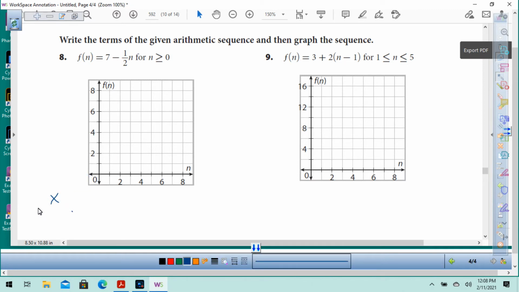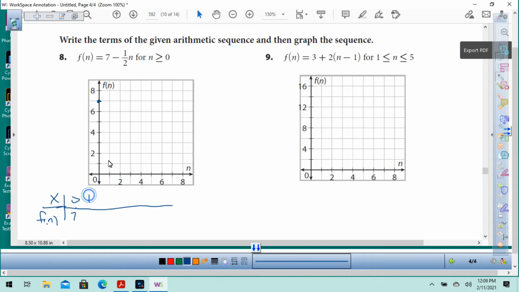You got x, and we'll say y, or f. This is f of n. You can do it either way, x or f of n. So if x is 0, then we have 7. So 0, 7 is going to be right there.